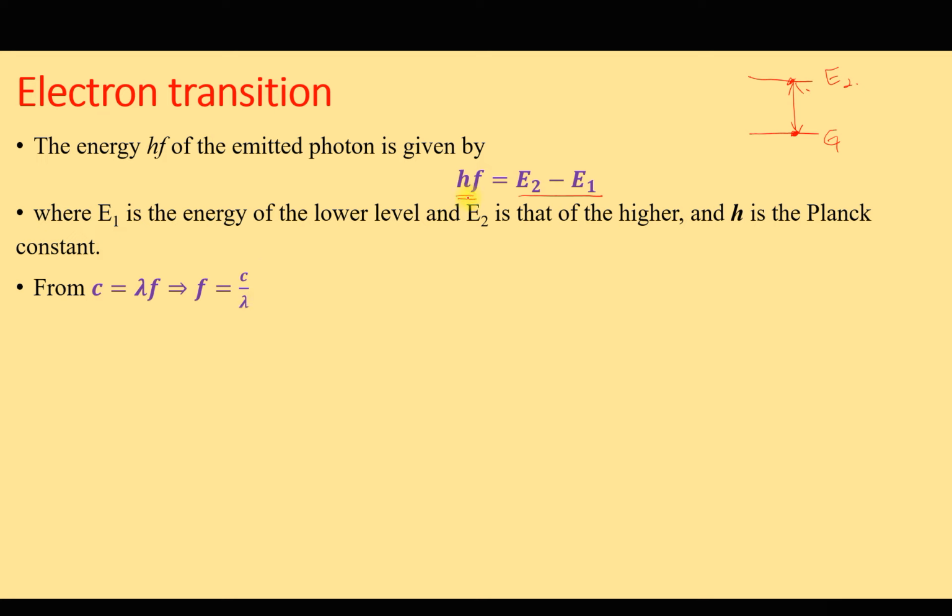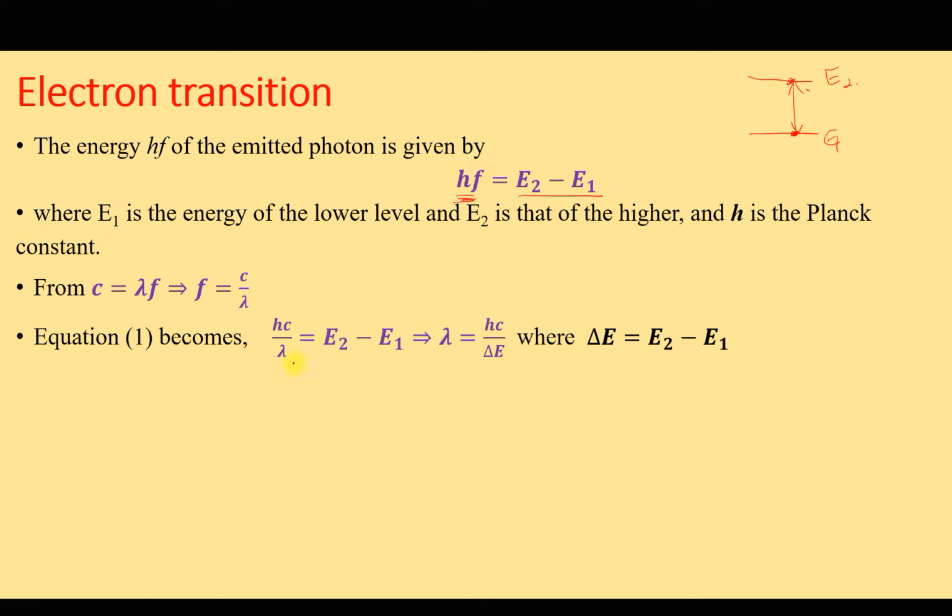Therefore, in this equation we replace f with c over lambda. So hc over lambda is going to be the difference between the two energy levels. So I can tell even the wavelength of the photon which is going to make that transition possible.